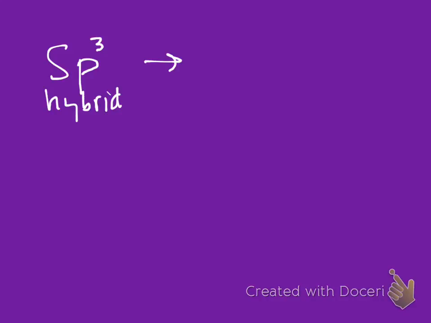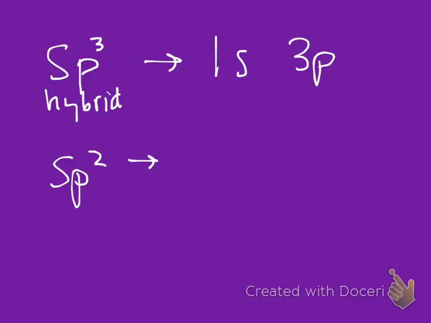Well, an sp3 is made up of, okay, you're going to love this, this is real creative, 1 s orbital and 3 p orbitals. We also have something called an sp2 orbital. Guess what that's made up of? 1 s orbital, 2 p orbitals.